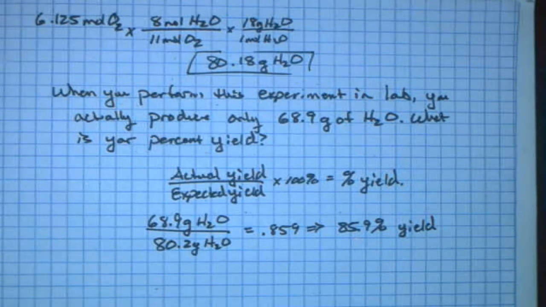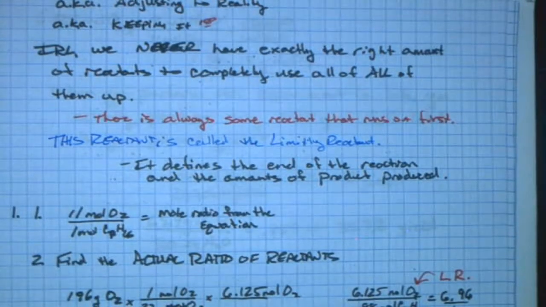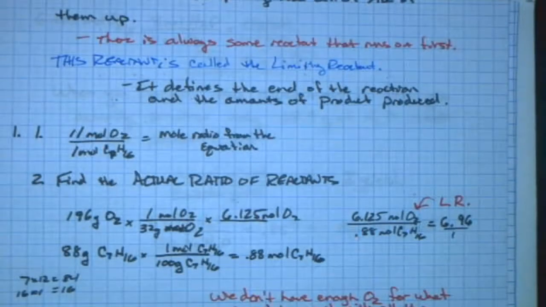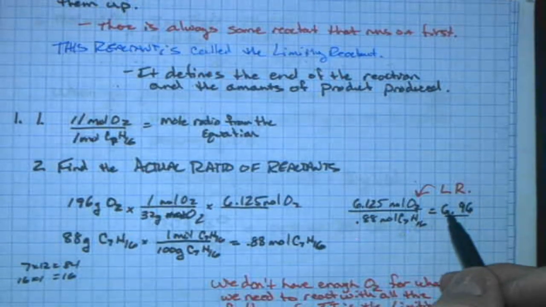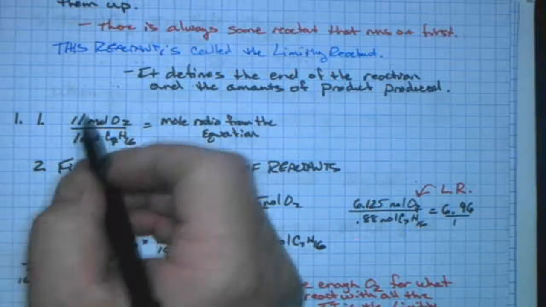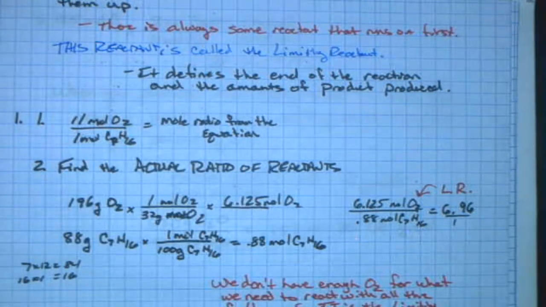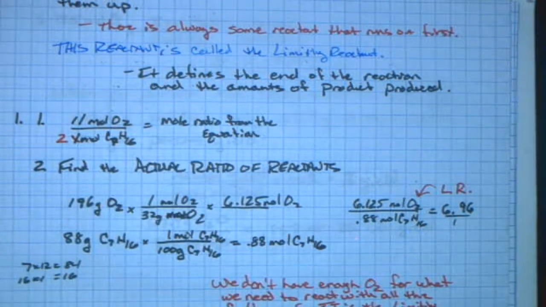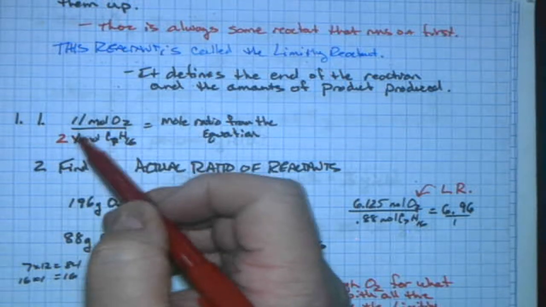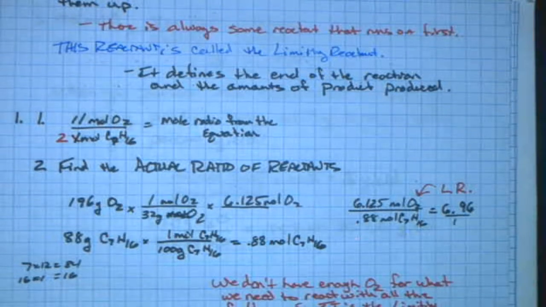I do want to go back to one thing on limiting reactant. What if our mole ratio down here was, instead of 11 to 1, it was 11 to 2? What would this ratio be? 11 to 2 has a decimal equivalent of what? 5.5, right?